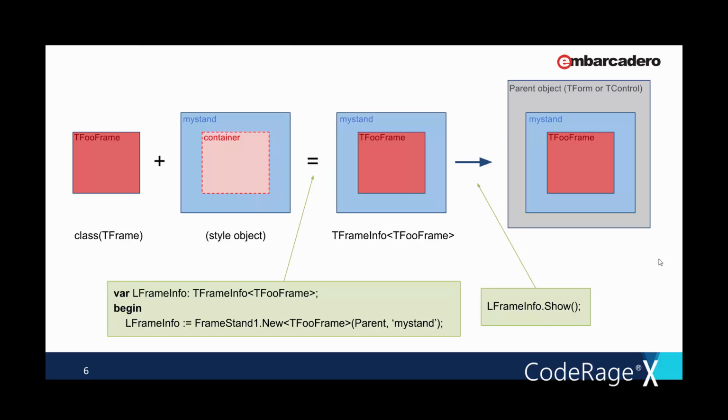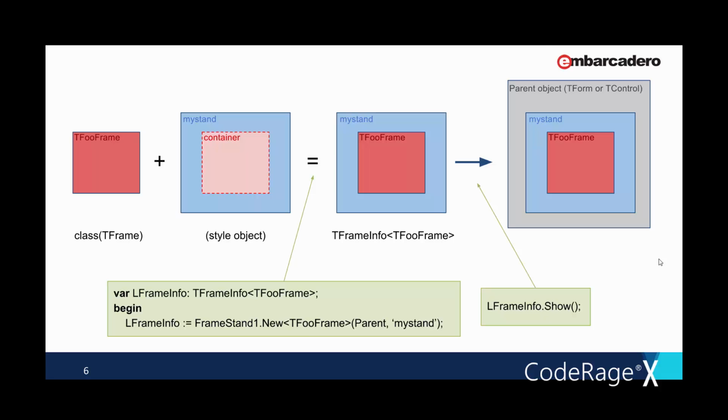And there is a data structure that holds all the references to a frame stand, and it is the TFrameInfo class. That is a generic type that has the frame class as parameter.